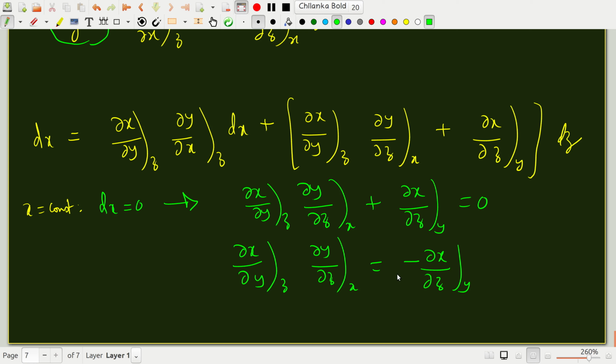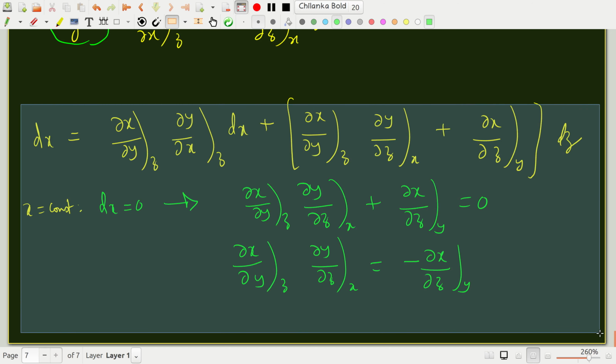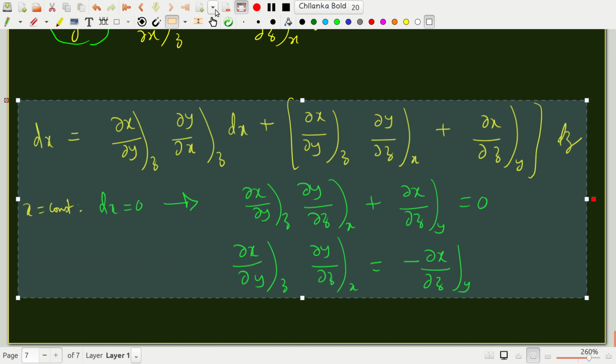Okay, instead, let me generate some space here. Looks like I have to go to the, okay, let me do one thing. Let me copy this whole thing to the next sheet. It'll be easy for us. Just bear with me for a minute.